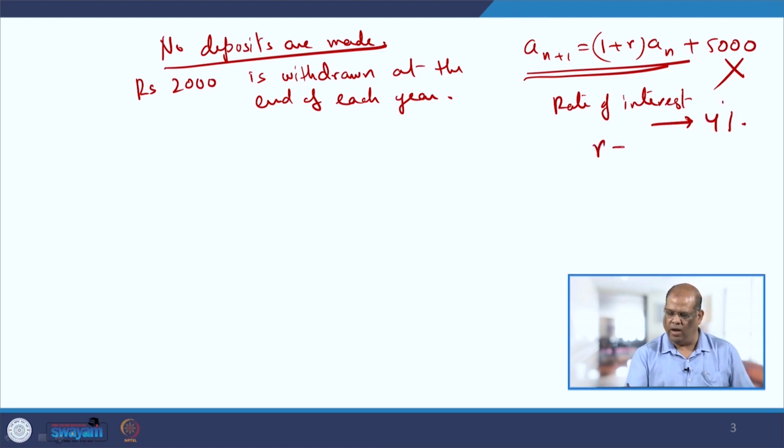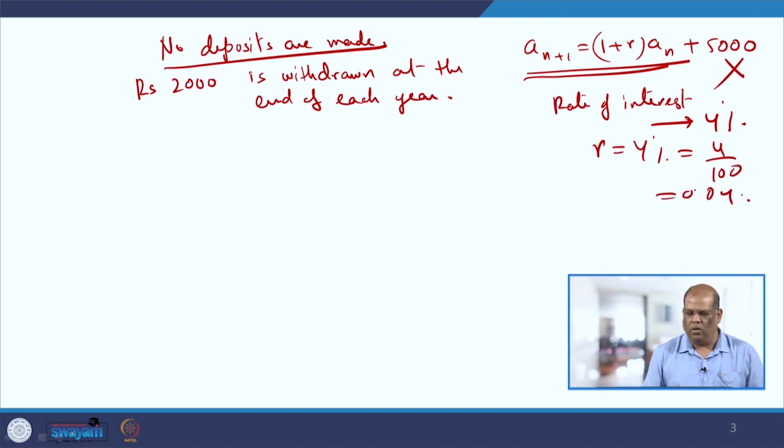So, R, which is 4 by 100, remains the same 0.04. What you want to know is how much initial deposit you must make such that your balance is never 0. To find that, we take two assumptions.